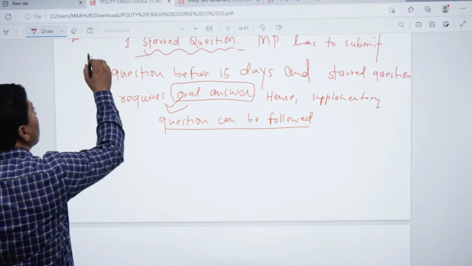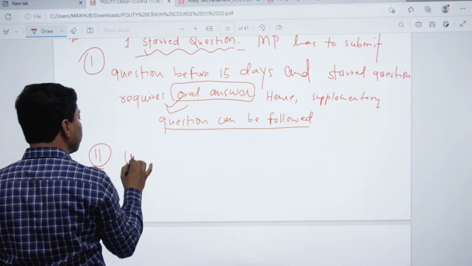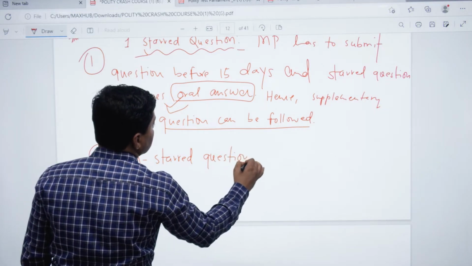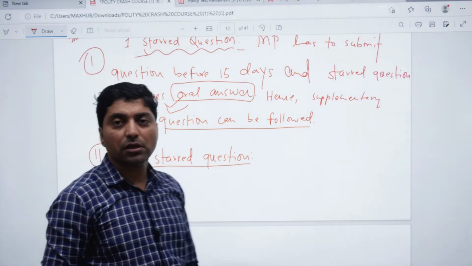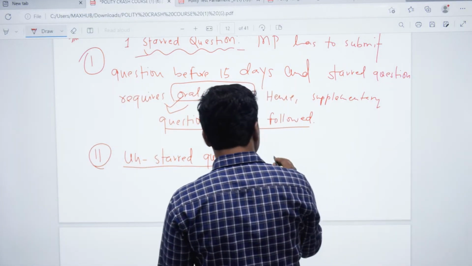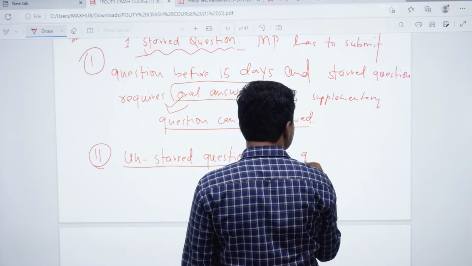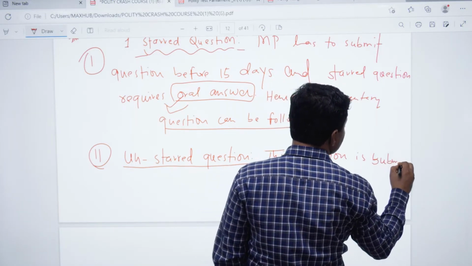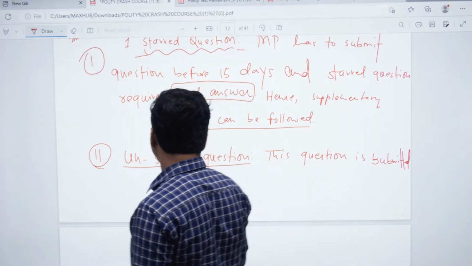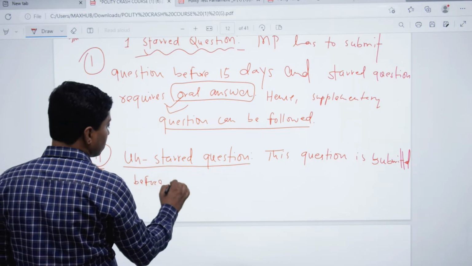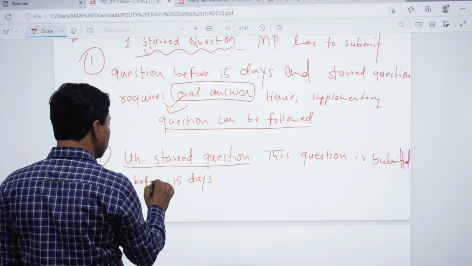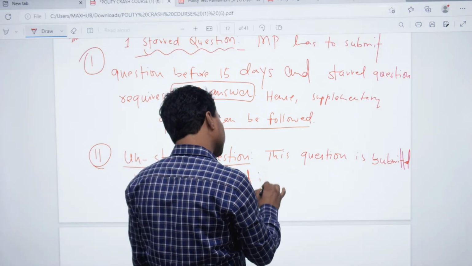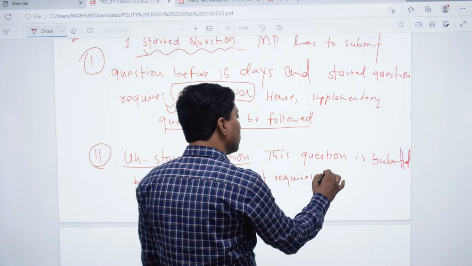So the first type is the starred question, the second is the unstarred question, submitted before 15 days, and it requires a written answer, right?